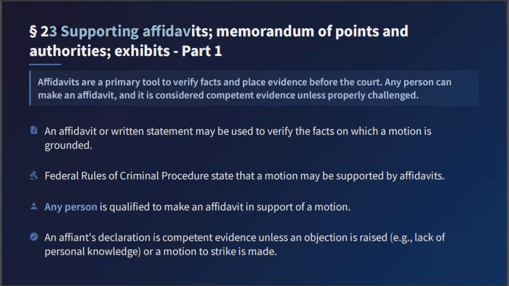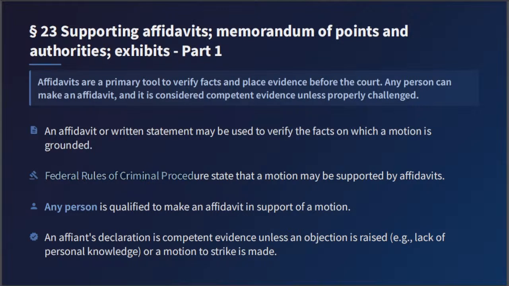So we have supporting affidavits, the memorandum of points and authorities, exhibits, part 1. Affidavits are a primary tool to verify facts and place evidence before the court. Any person can make an affidavit, and it is considered competent evidence unless properly challenged. An affidavit or a written statement may be used to verify the facts on which a motion is grounded.